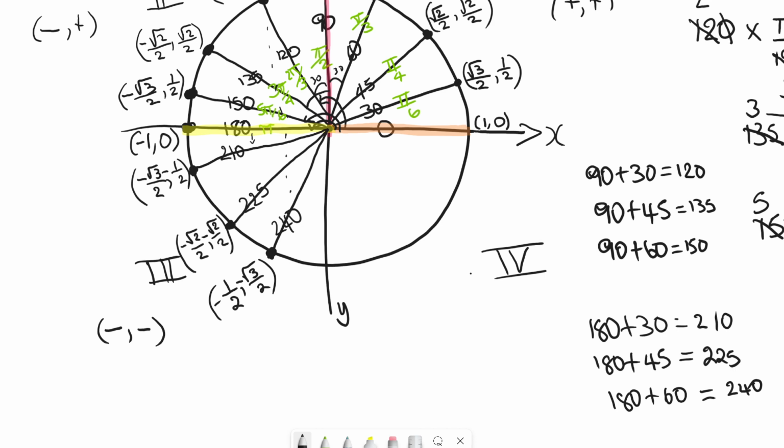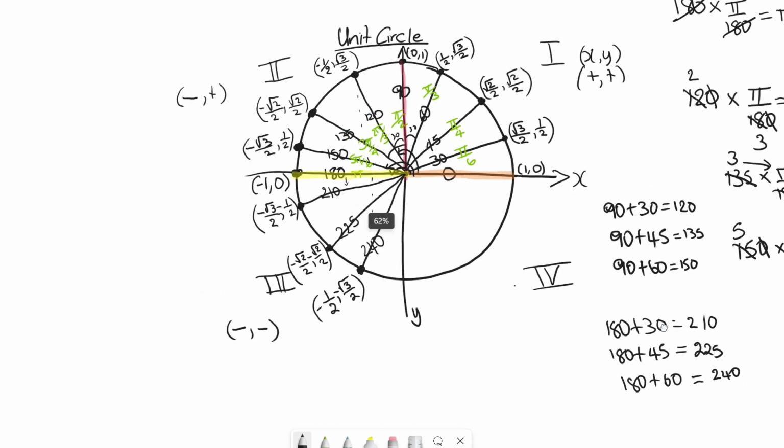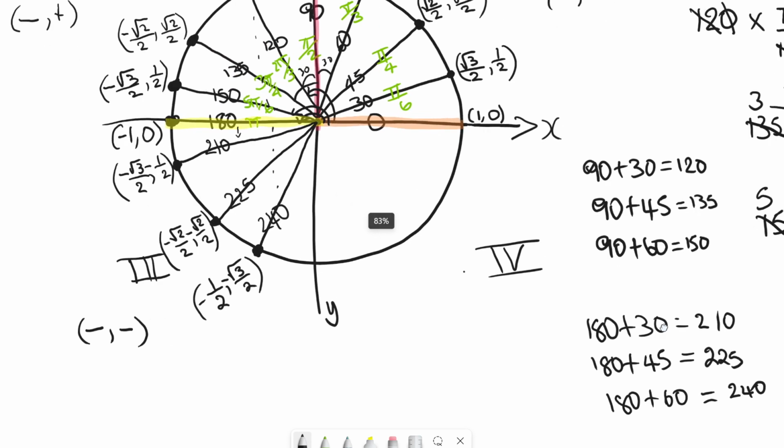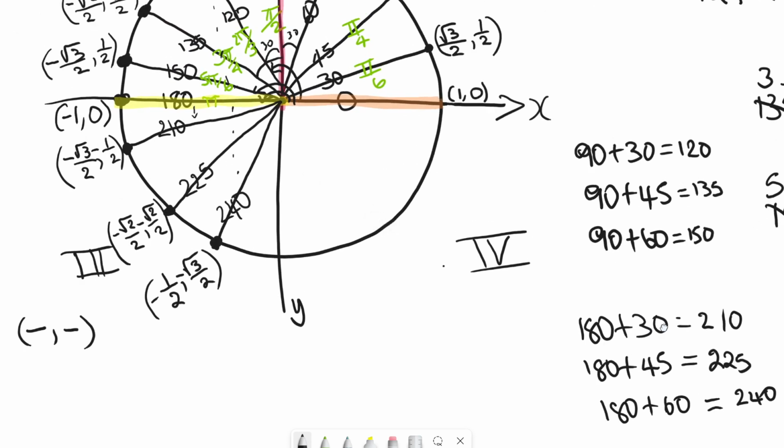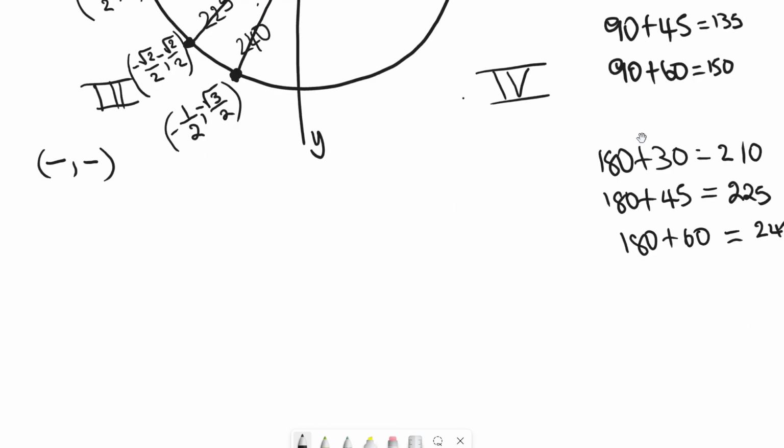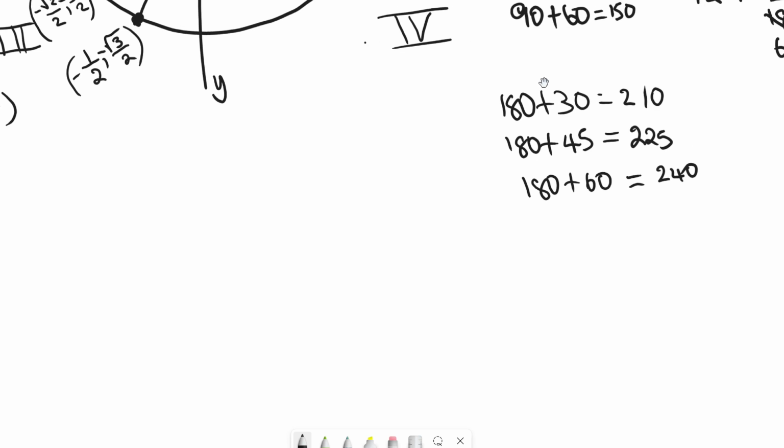Okay, now that we have those, let's look at our radian measure. Okay, let's make some space down here. All right, so let's look at it here and then we'll go back up.